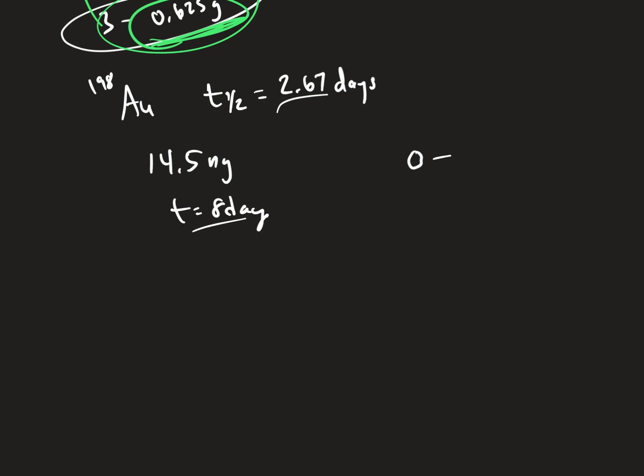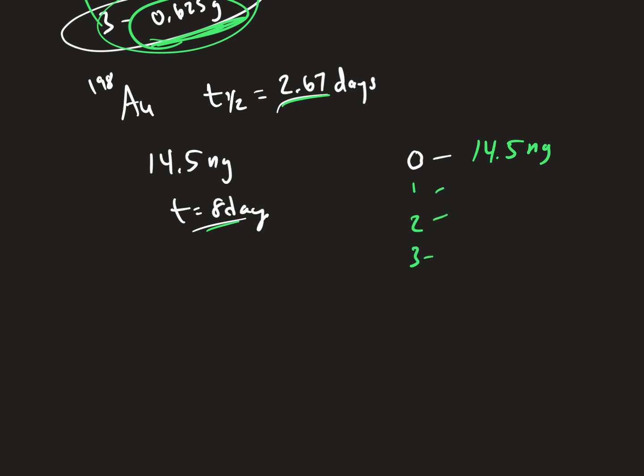Got it? Not yet. Keep going. So what do we start with, guys? 14.5 nanograms. How many half-lives are we going to deal with? So 8 divided by 2.67. So I'm going to just count 1, 2, 3.